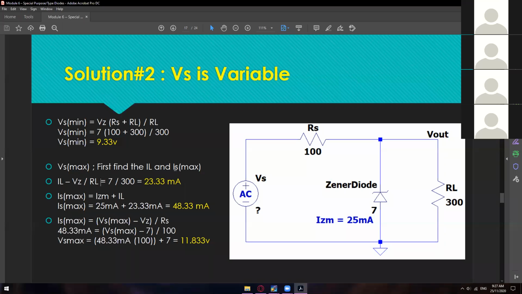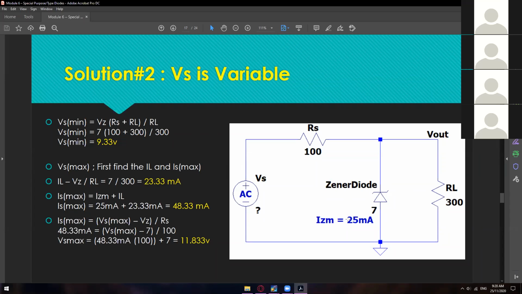All right. So again, IL is equal to VZ divided by RL. VZ is already given, which is 7 volts, divided by RL, which is 300. So 7 divided by 300 is equal to 23.33 milliamps. And then solving for the IS max. IS max is equal to IZM plus IL.